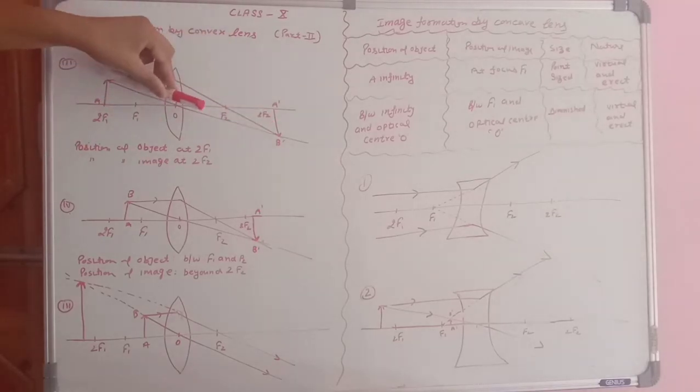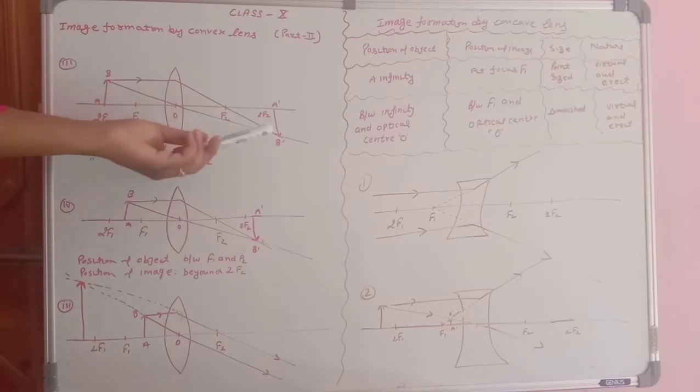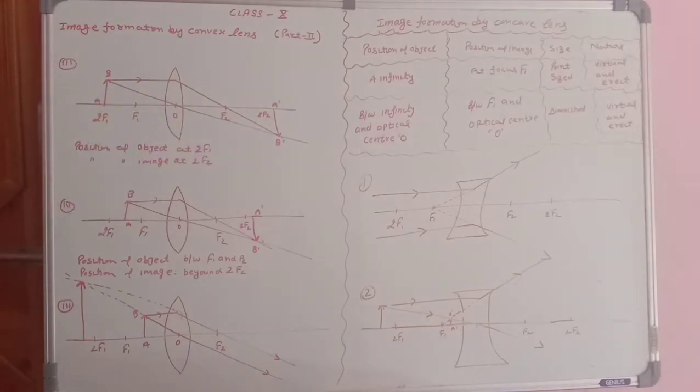Second ray will pass straight through optical center, and both rays are cutting at a point, and we will form our image A dash B dash there, and this point you will name 2f2. You can give the name earlier also, this depends upon you. So it is written here position of object as 2f1 and position of image is at 2f2.